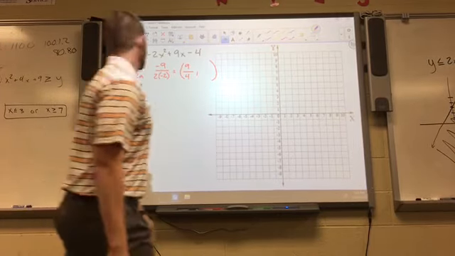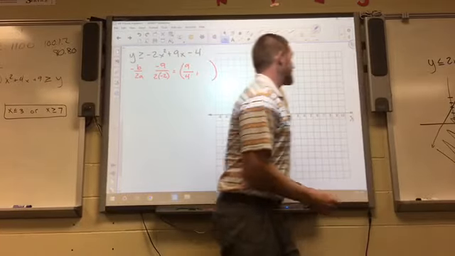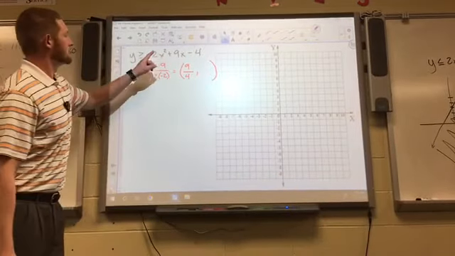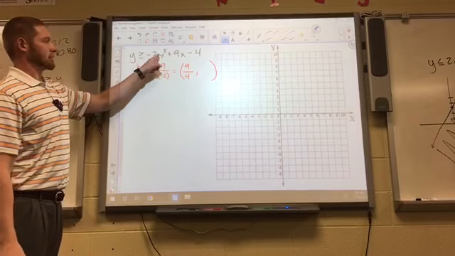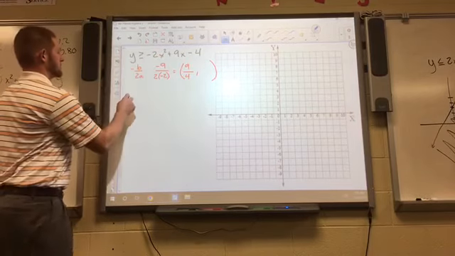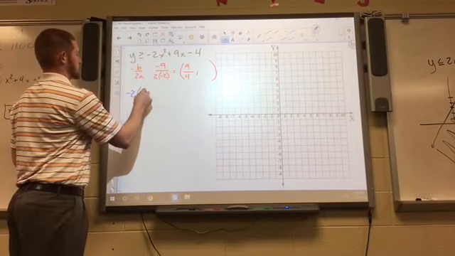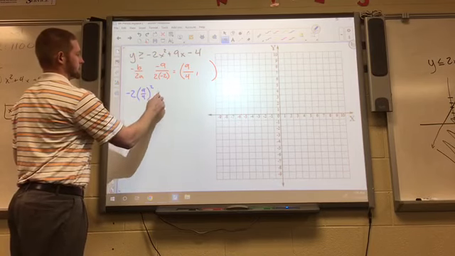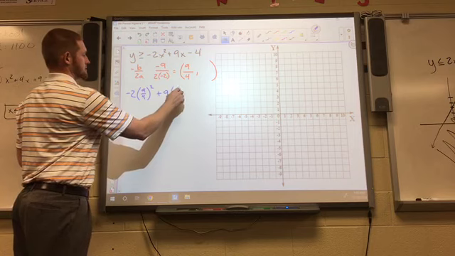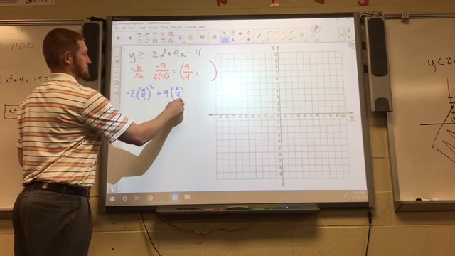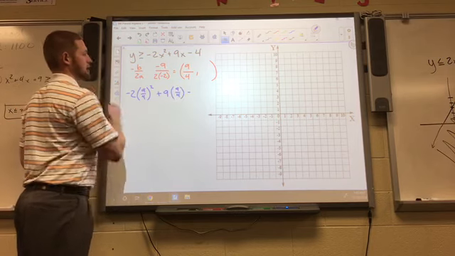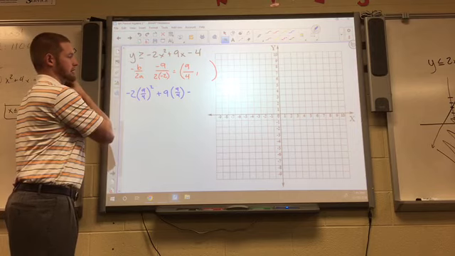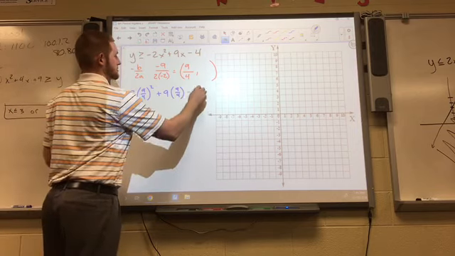There it is. All right, so now that I have the x value, I need to plug it in, right? So I have negative 2 times 9/4 squared plus 9 times 9/4 minus 4.